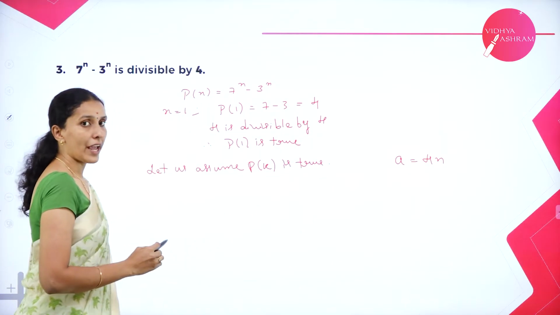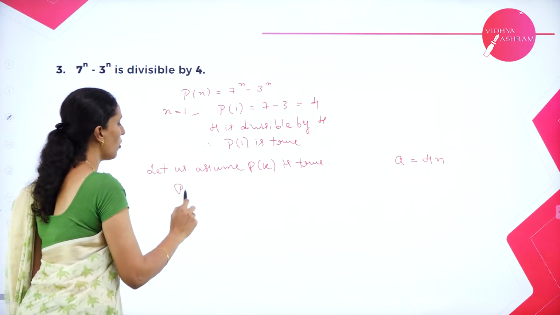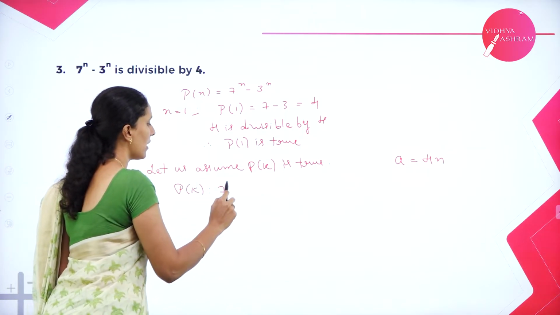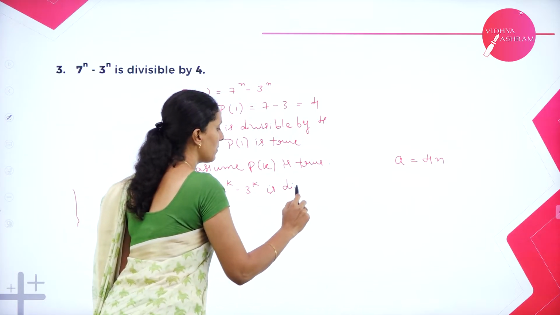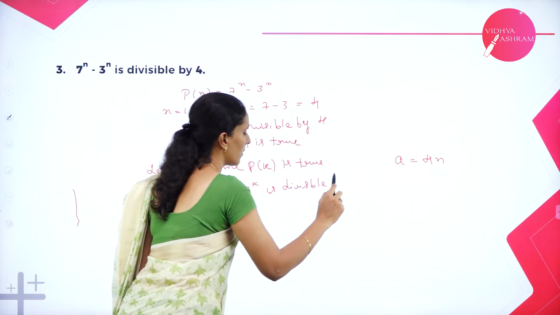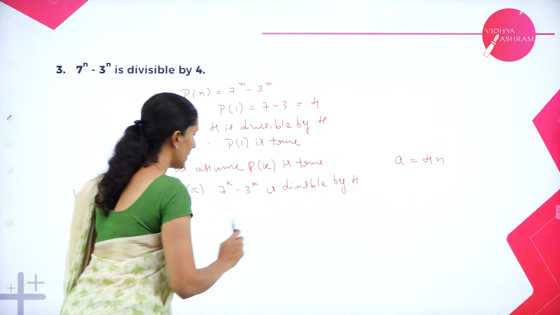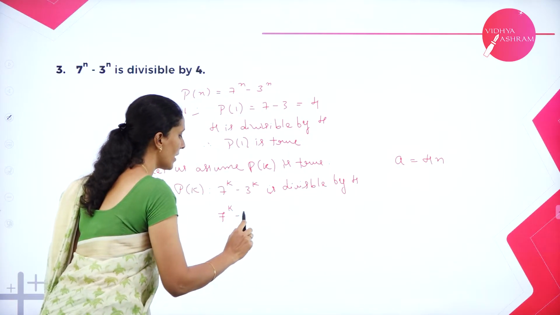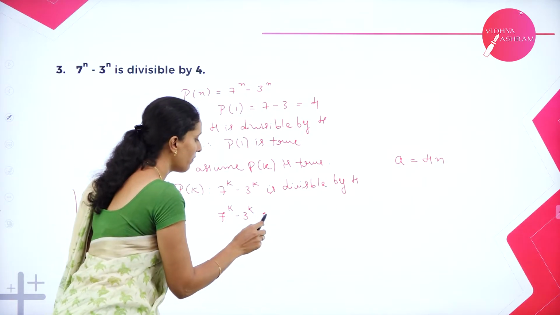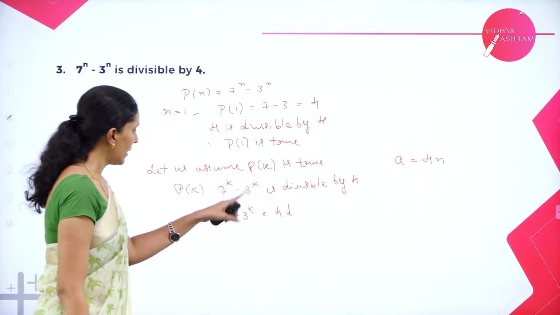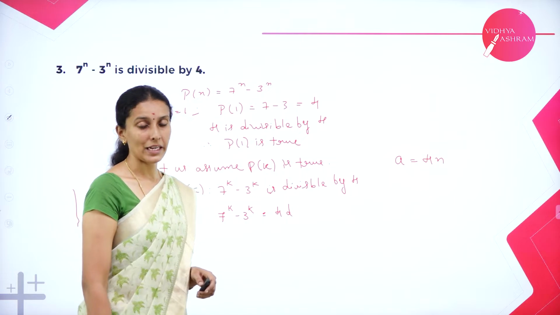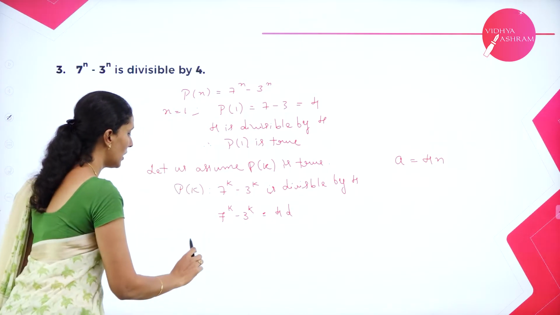If P(k) is true, then 7^k - 3^k is divisible by 4. So I'll take 7^k - 3^k equal to 4d, where d is a factor that divides 7^k - 3^k.